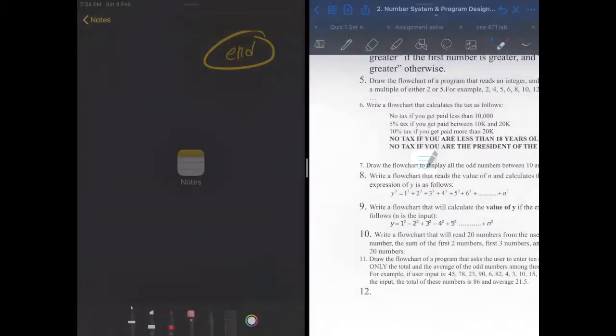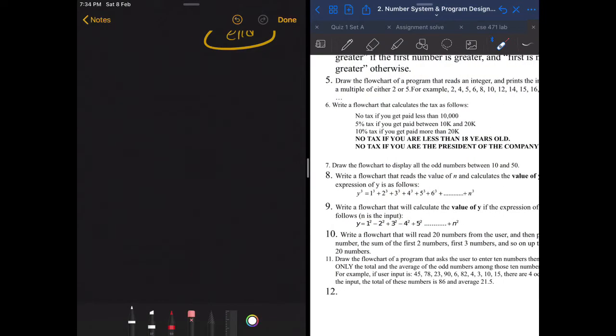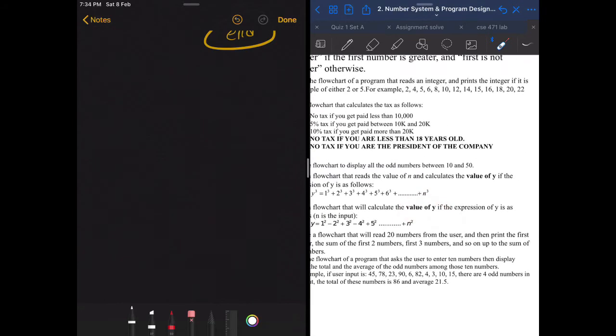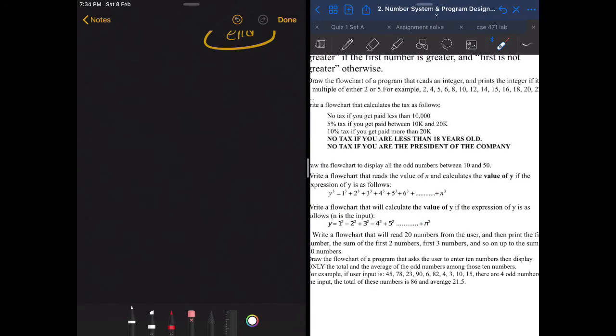So question number 9 here tells us to write a flowchart that will calculate the value of y if the expression of y is as follows. So this is a sequence that we need to calculate the sum for. And in the sequence, what can we see? We know where the value starts from.